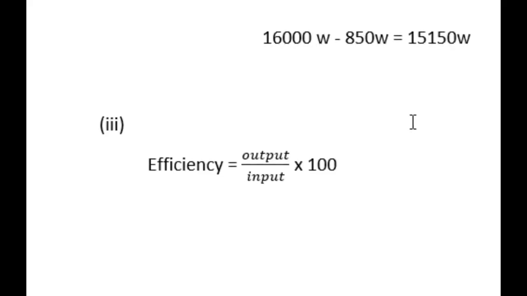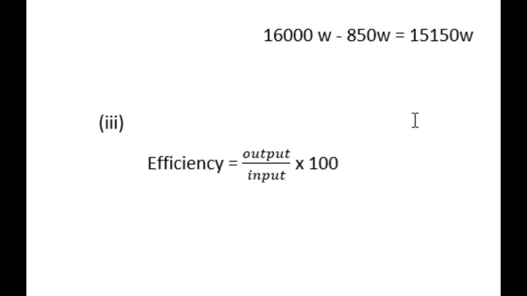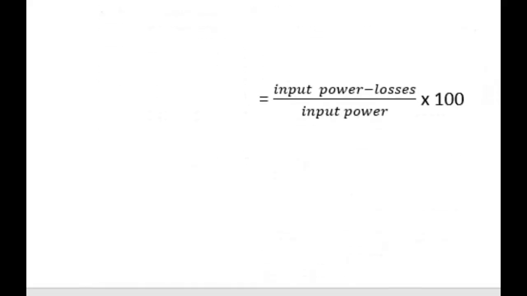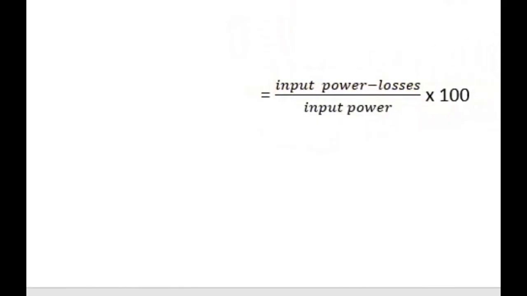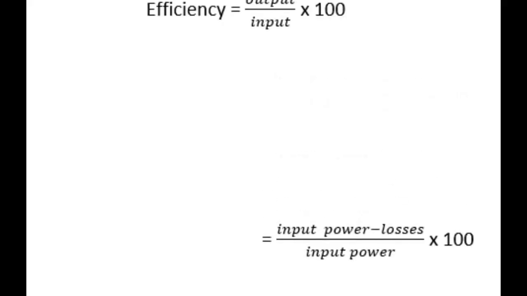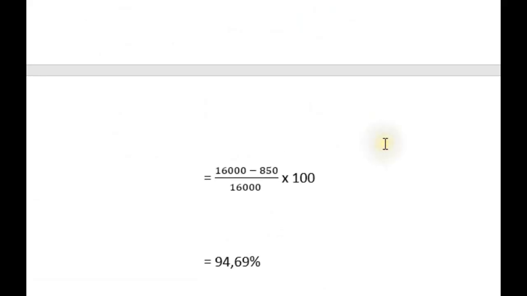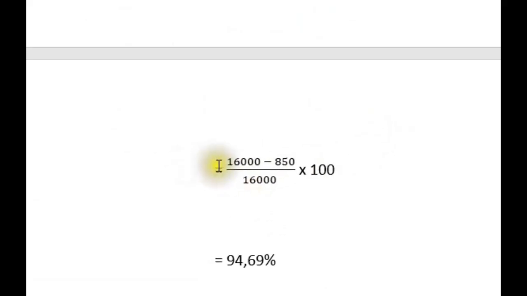However, I'm going to do the whole thing again, because most questions, they will go straight for the kill. So input power minus the losses over the input power times 100 to convert it. Taking our numbers and substituting, we get our 16,000 minus 850 in the numerator and 16,000 in the denominator.